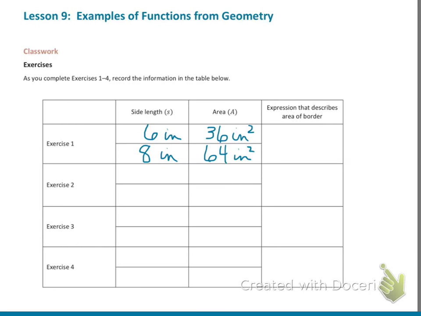The expression that describes the area of the border would be 64 minus 36. For exercise 2, our dimensions were 9 and 11. That gave us areas of 81 and 121. And our expression is 121 minus 81 for the area.